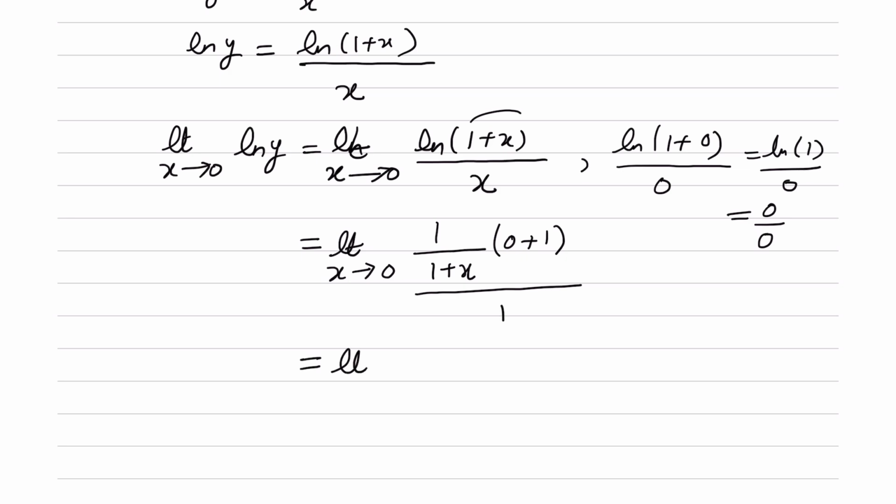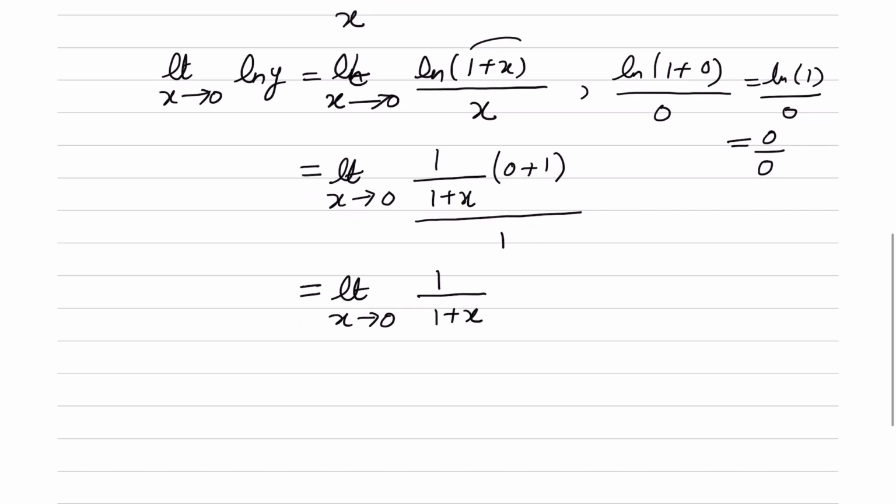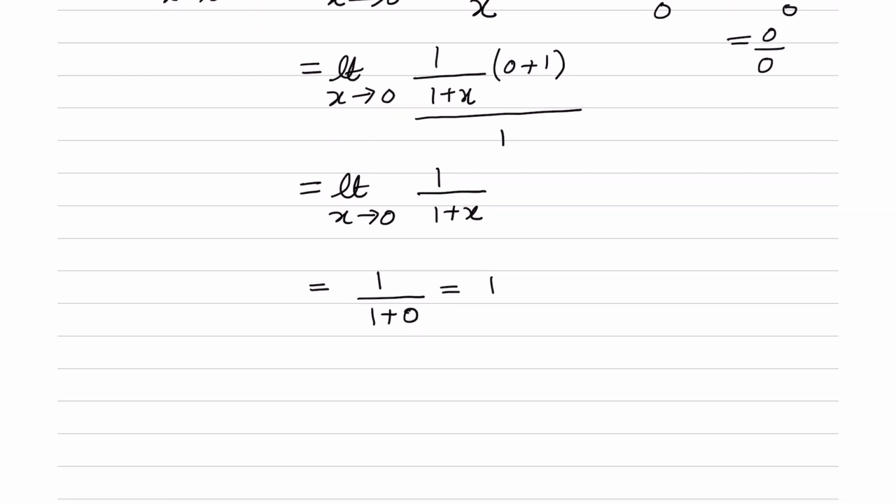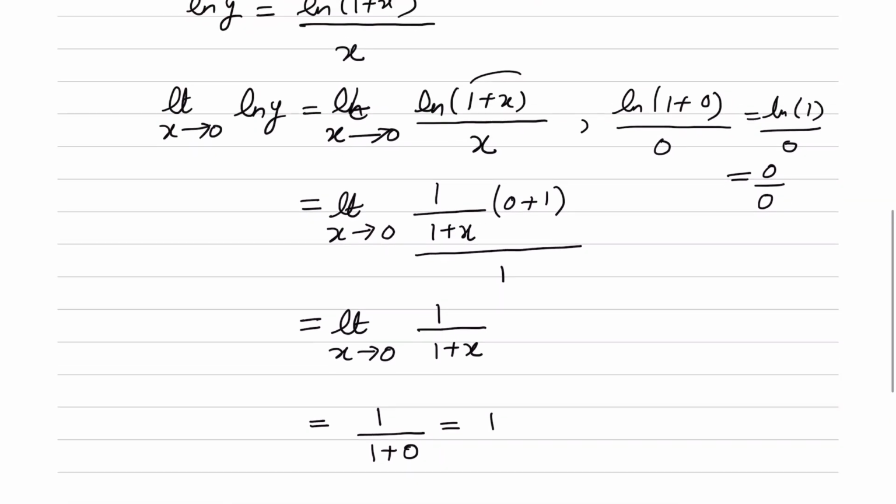Now we simplify, which gives 1 over 1 plus x. After applying the limit, we get 1 over 1 plus 0, which gives us 1. So we have solved the right hand side.